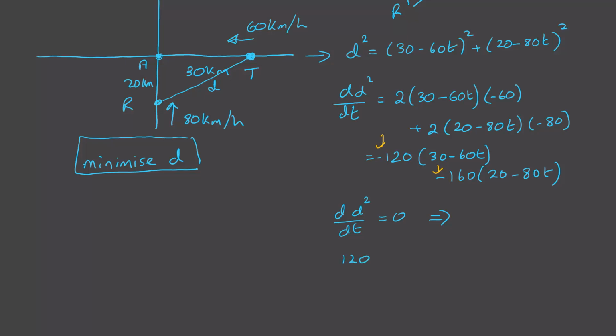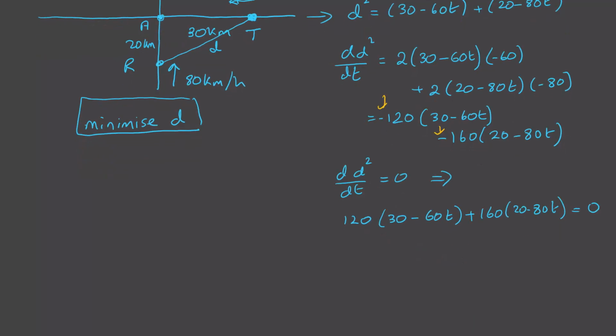So I've got 120 (30 minus 60t) plus 160 (20 minus 80t) is equal to 0. Now both of these brackets have a common factor that can be taken out. In the first case, we could take out a factor of 30.